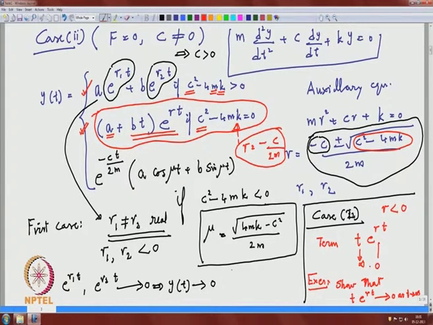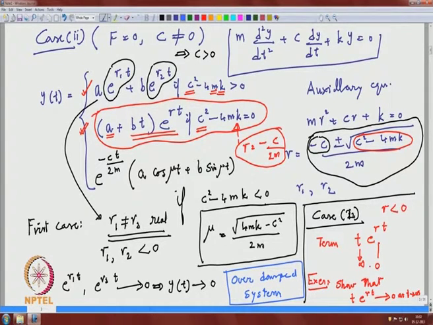So, these two cases are called over damped system. You have added so much damping that complete oscillation has vanished and the solution goes to 0 exponentially.